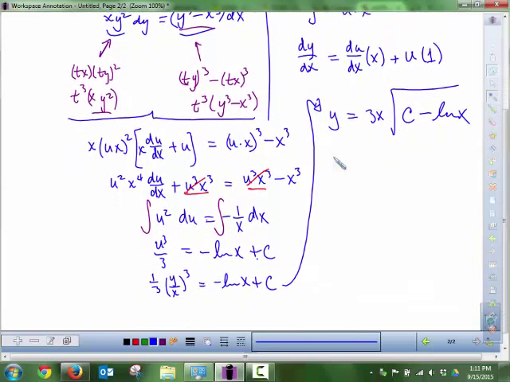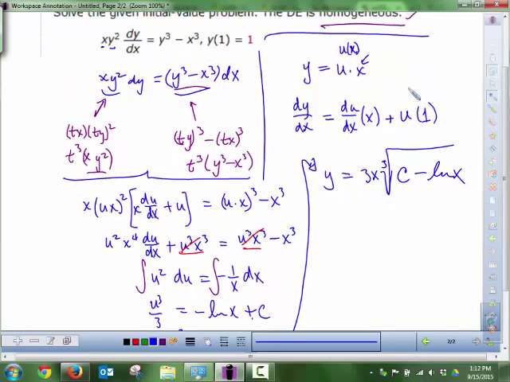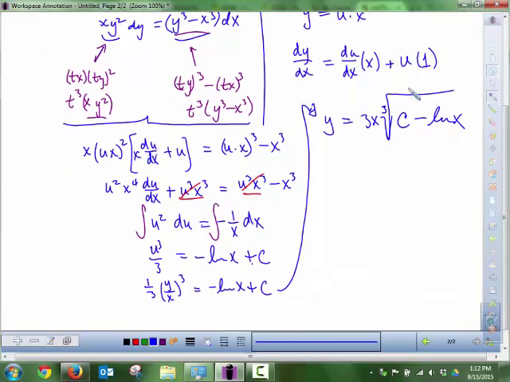The cube root. Oh, 3 should be inside. Yeah. All right.